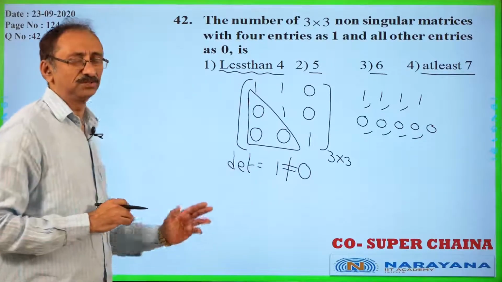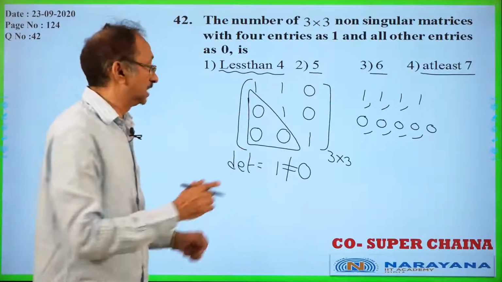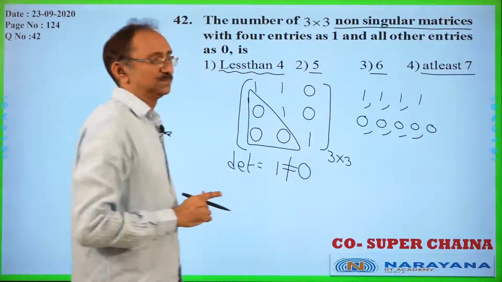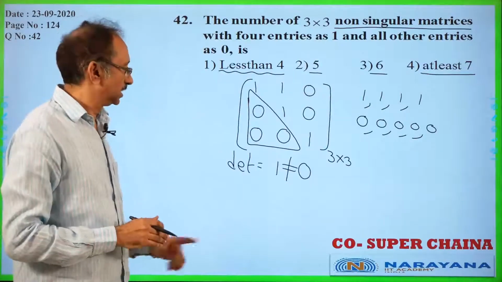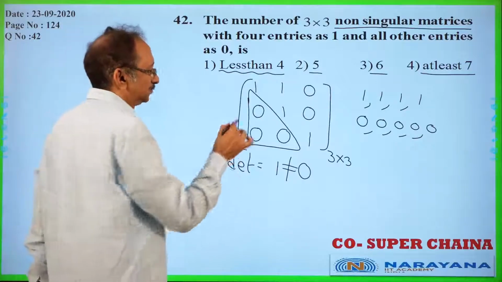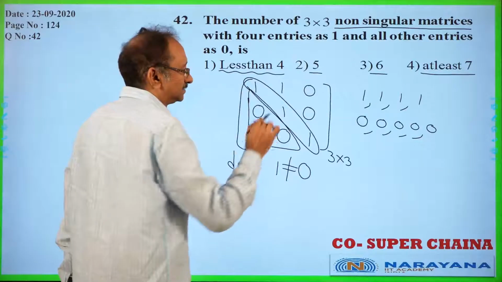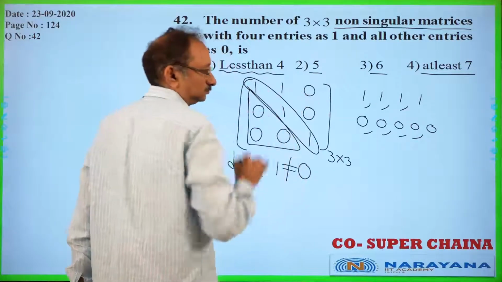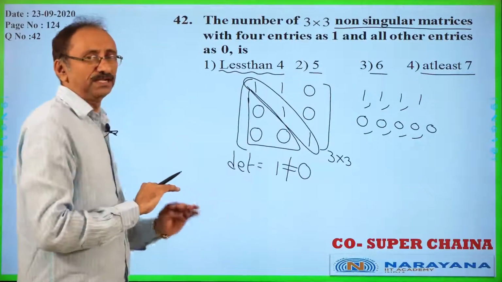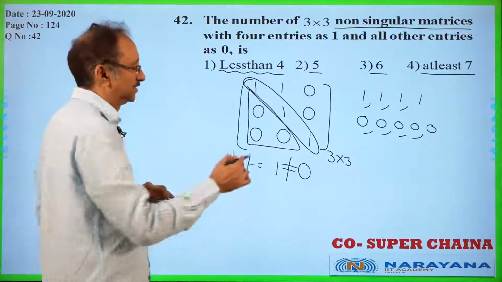I don't bother whether it is 0 or not, because I need non-singular matrices, that means the determinant should not be equal to 0. Therefore this is one matrix I want. Keep all these ones in the diagonal like this. Suppose I interchange these two, that means if I write 1 here, the determinant has no change, so we get another matrix.